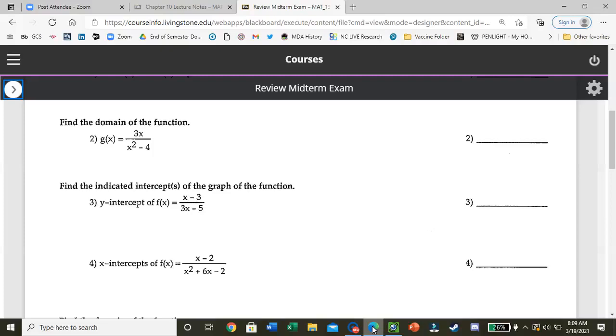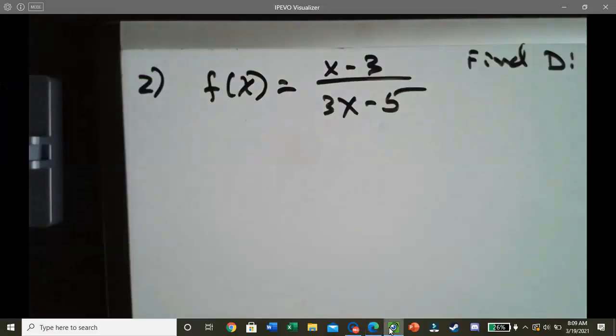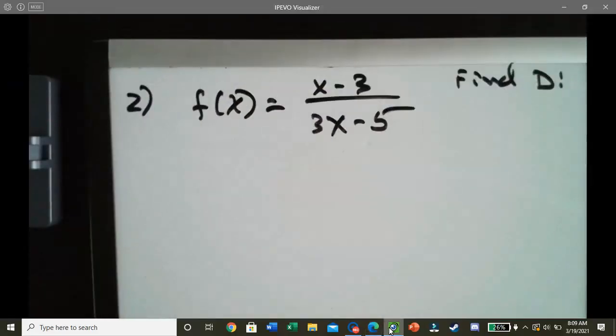So let me just write this question down. Here we have f of x equals x minus 3 over 3x minus 5. Okay, we want to find the domain. All right, so let's review domain real quick.